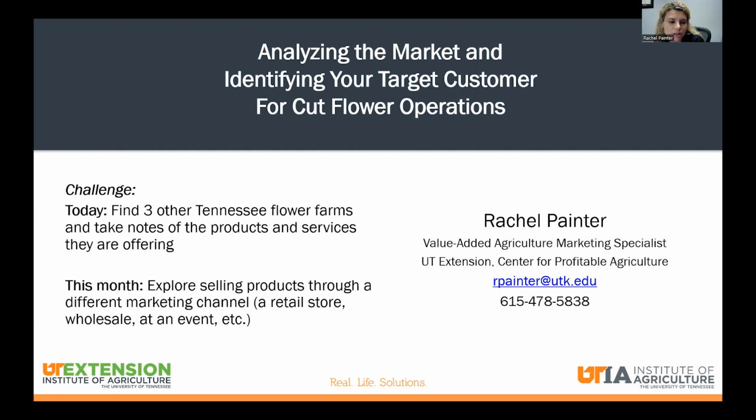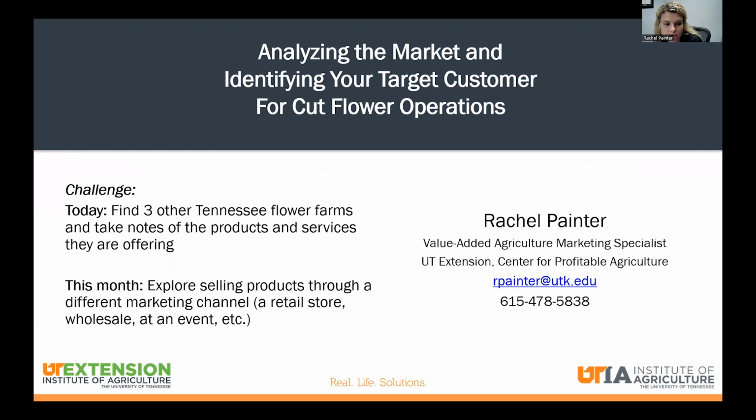This month, I want you to explore, if you haven't already, selling products through a different marketing channel than you are already. If you are already selling cut flowers and maybe you're selling those at the farmer's market, I want you to explore what that would look like if you tried to reach out to a local retail store, whether that be a boutique that's not even selling agricultural items, or maybe it's a store that is selling local fruits and vegetables or things like that, meat, in their store, and you could complement their products.